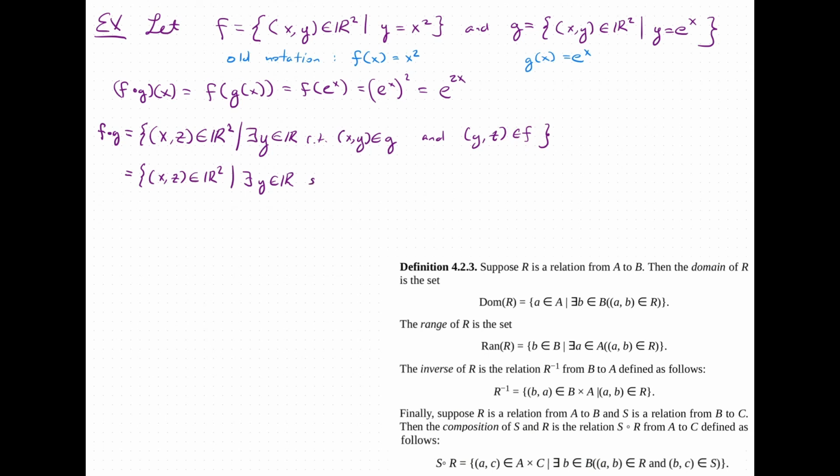Now, x comma y in g is to say that y is equal to e to the x. Similarly, y comma z in f is telling us that z is equal to y squared.